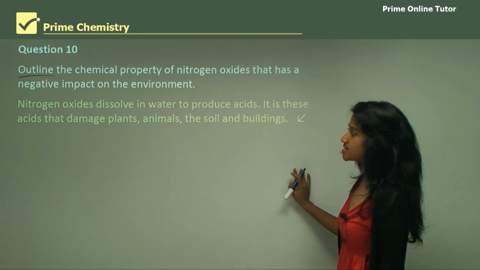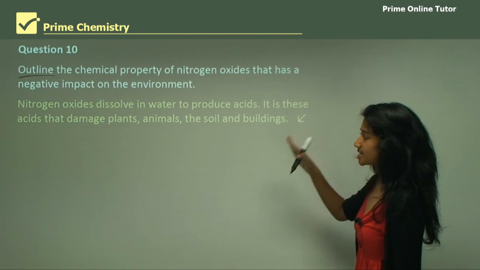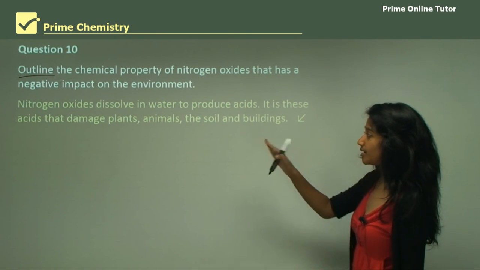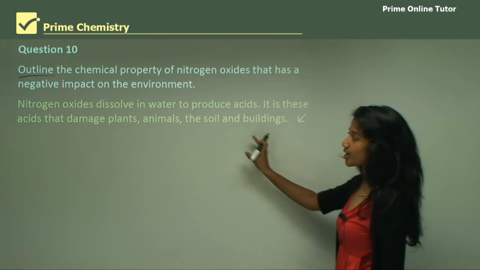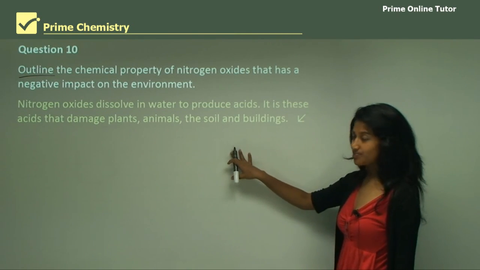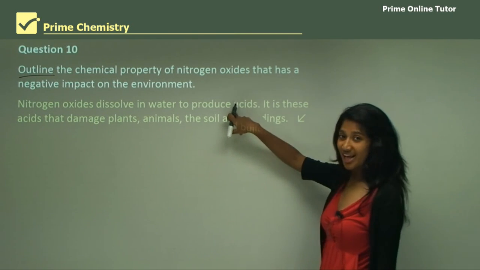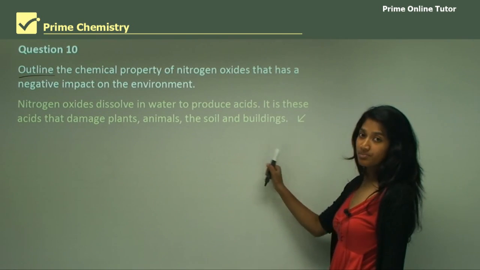Nitrogen oxides dissolve in water to produce acids. It is these acids that damage plants, animals, the soil and buildings. Now this gives a brief outline of what nitrogen oxides do. And in fact, it does produce acid rain, which damages plants, animals, the soil and buildings.